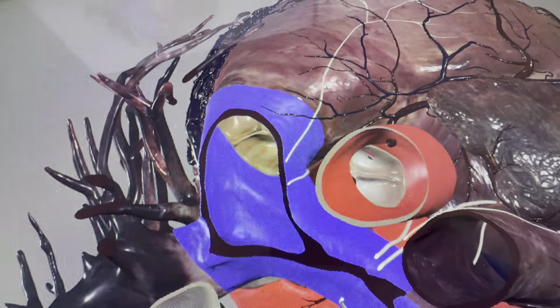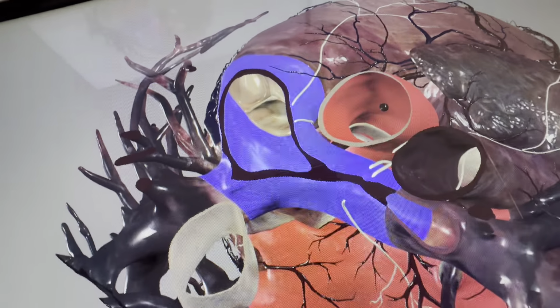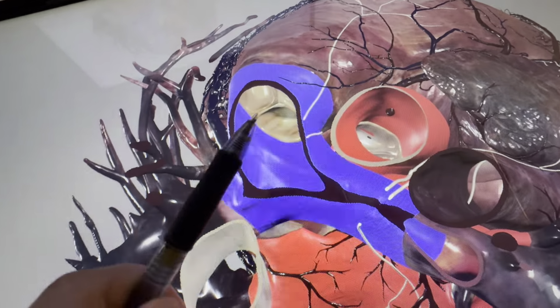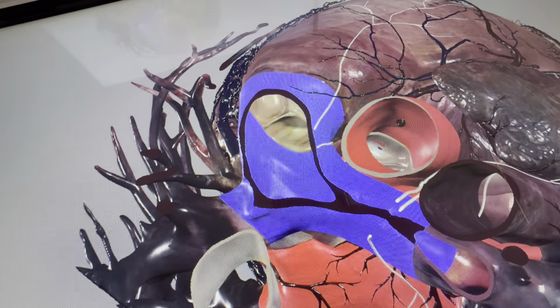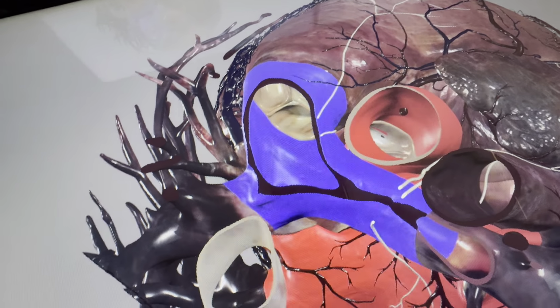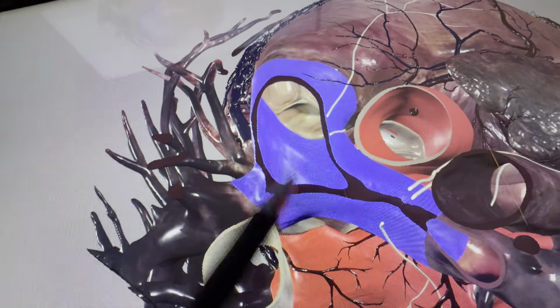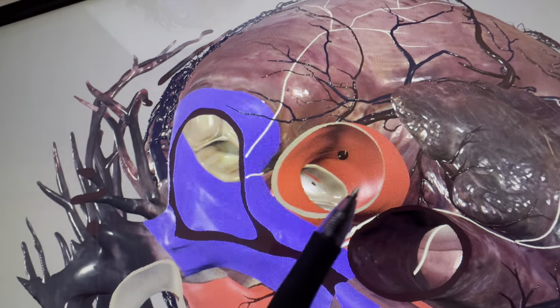So where is your pulmonary semilunar valve? Is it here or here? The pulmonary semilunar valve is deoxygenated, if you remember your box diagram. Therefore, it is here. And your aortic semilunar valve is here.